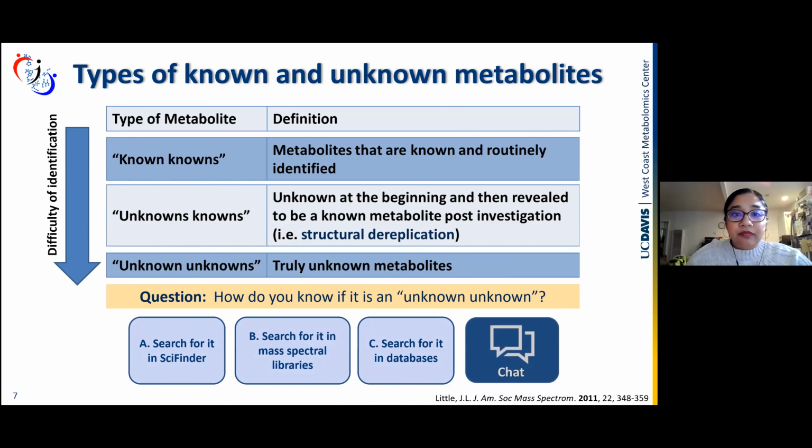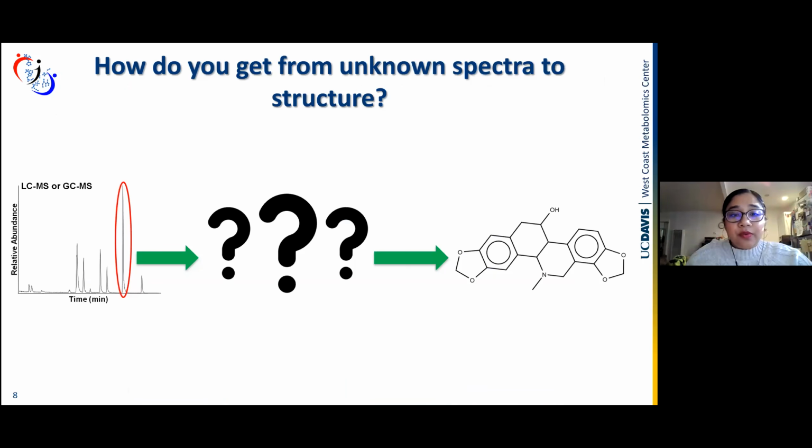Okay. So the real question for compound identification is then, how do you get from an unknown spectra to a structure? So there's this middle section here where you have your LCMS or GCMS data, but it's the steps in the middle, in the center, of getting to an actual structure.